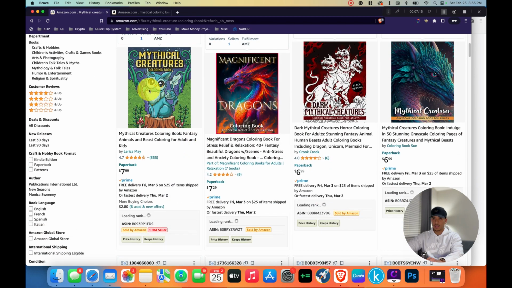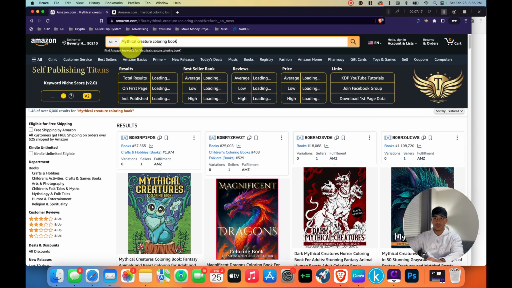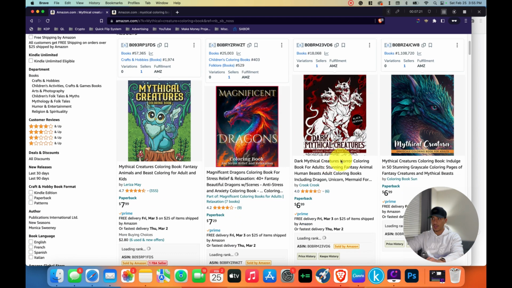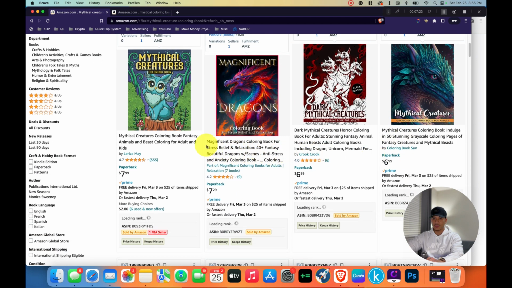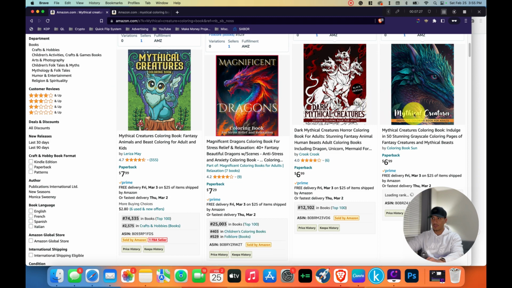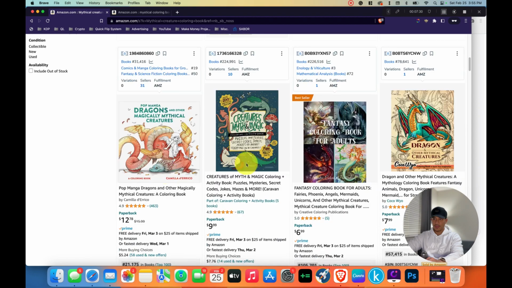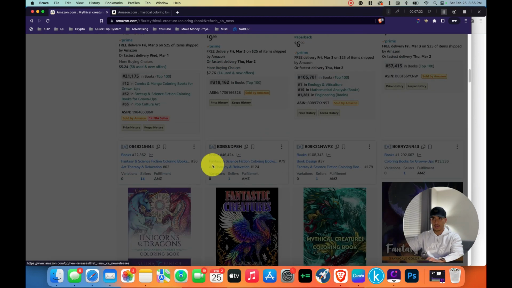But as you can see, what we're trying to look for is the word mythical being optimized in these titles or in these books. And as you can see, there's a mythical here, a mythical here, mythical here. There's a lot of mythicals.